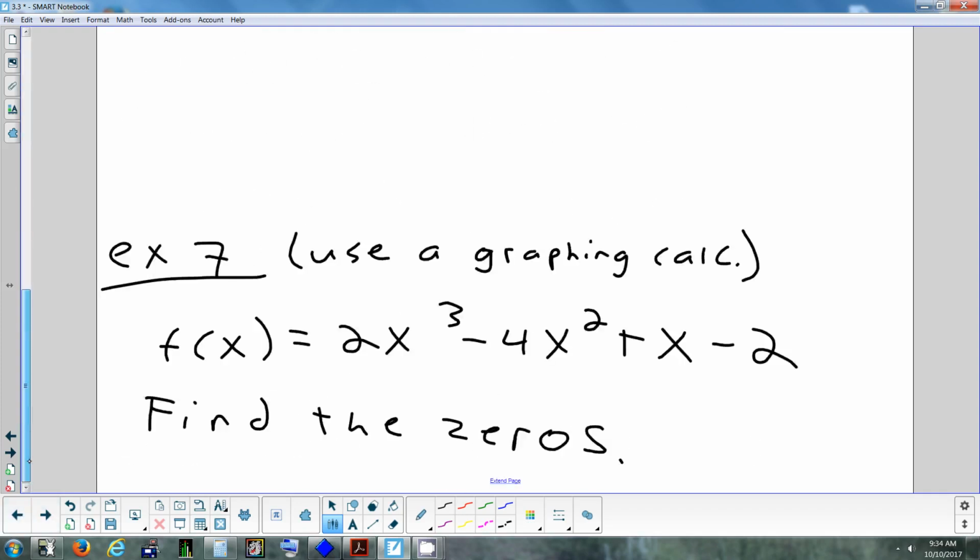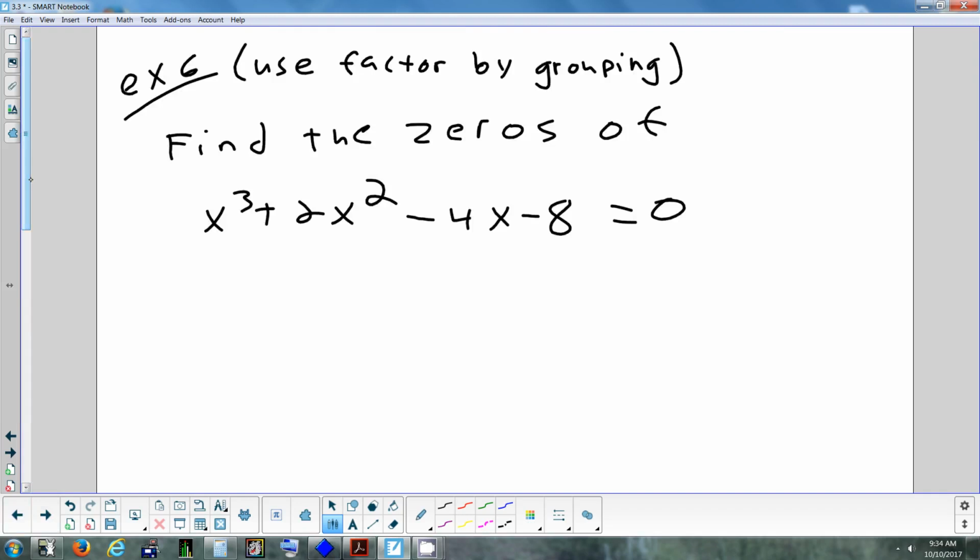All right, so let's see if we can find the zeros of this. Now this is a cubic, but it's going to work out nicely when we do factor by grouping. So remember, factor by grouping means take what you can out of the first 2 terms and what you can out of the second 2. If there's nothing in common the way I just said, then you might have to rearrange it. But I think the way it's written, the first 2 terms and the last 2 terms have something in common.